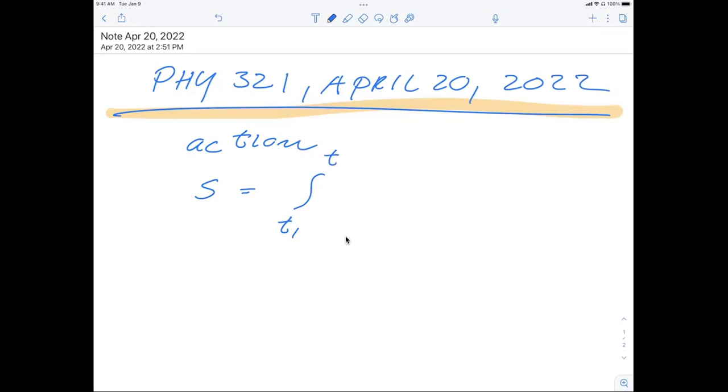It doesn't need to be time. It could be a position x1 to a final position x2. Everything which can be expressed in terms of an integral is something which often lends itself to variational calculus. So just to remind you, variational calculus deals with finding minima or maxima of a quantity which can be expressed as an integral.